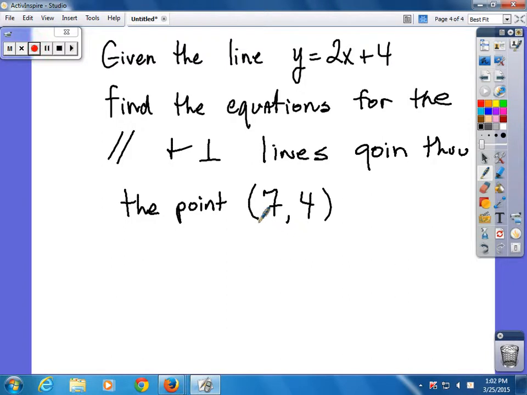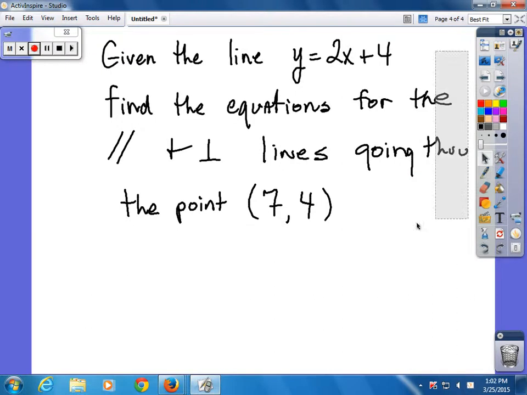Okay, write that down. It says, given the line y is equal to 2x plus 4, find the equation for the parallel and perpendicular lines going through the point 7, 4.